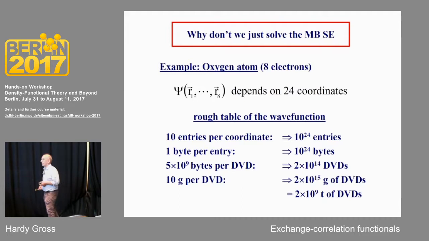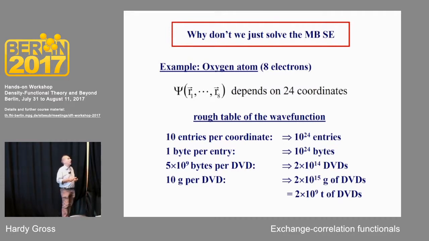Now let's take the next step, helium. So that's x, y, z for the first electron, x, y, z for the second electron. That's 10 times 10 times 10, and another times 10 times 10 times 10, and so on. That's 10 to the 6. So since here the wave function depends on 24 coordinates, it's 10 to the 24 entries for this table.